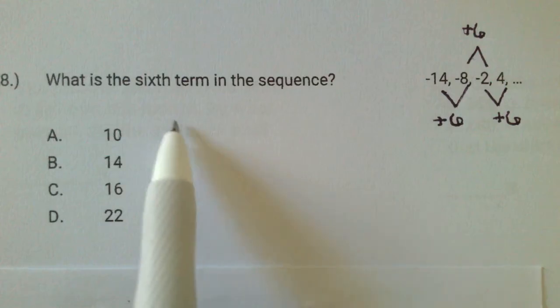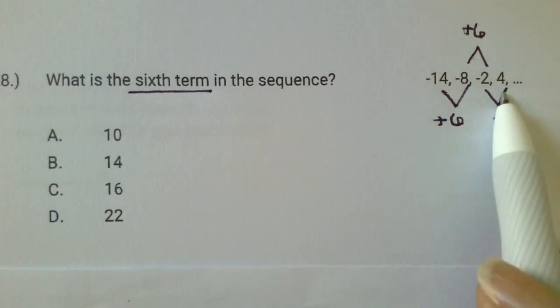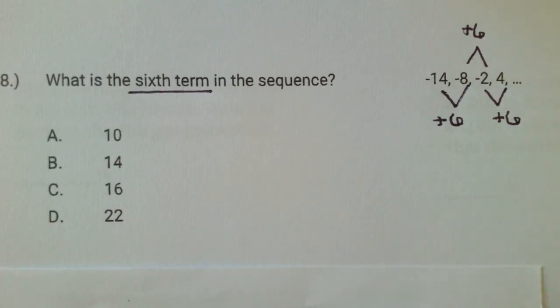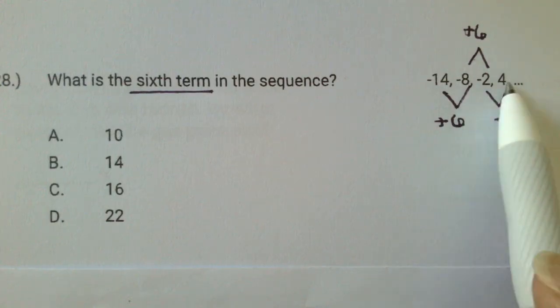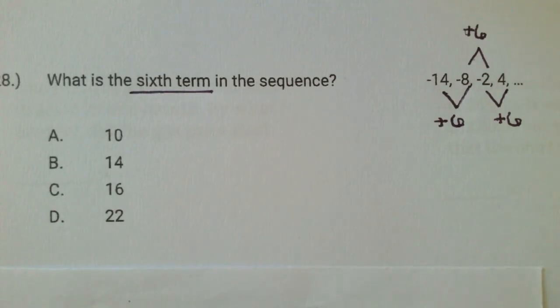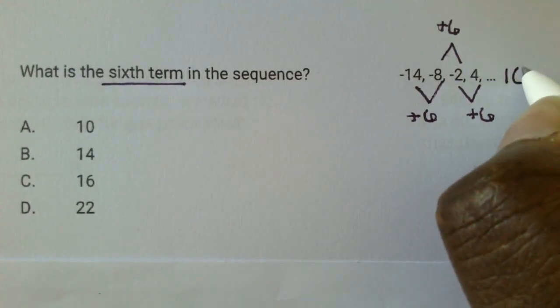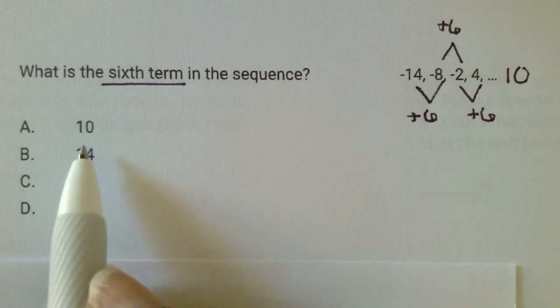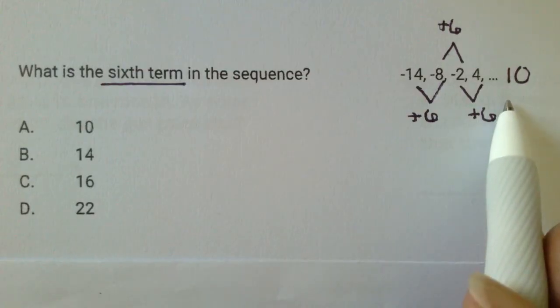Since we're going to the sixth term and we already got to the fourth, I need the fifth one. In order for me to go from 4 to something else, I have to add 6, so my next term will be 10. Notice that's one of the options, but that's our fifth term.